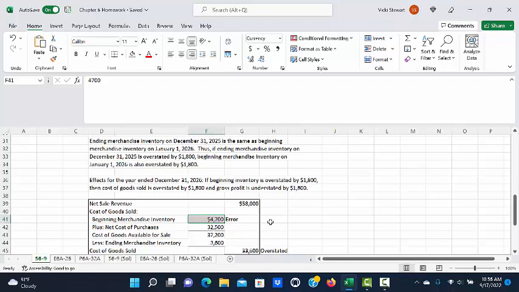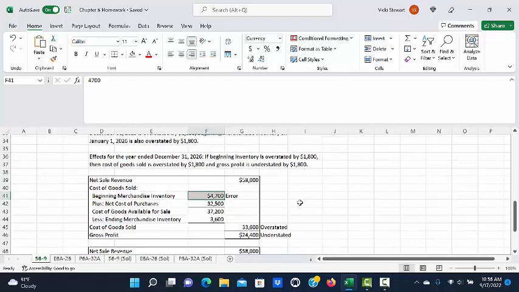So the effects for the next year are going to be the opposite of what they were for the previous year, because if beginning inventory is overstated by $1,800, then cost of goods sold is overstated by the same amount and gross profit is understated.